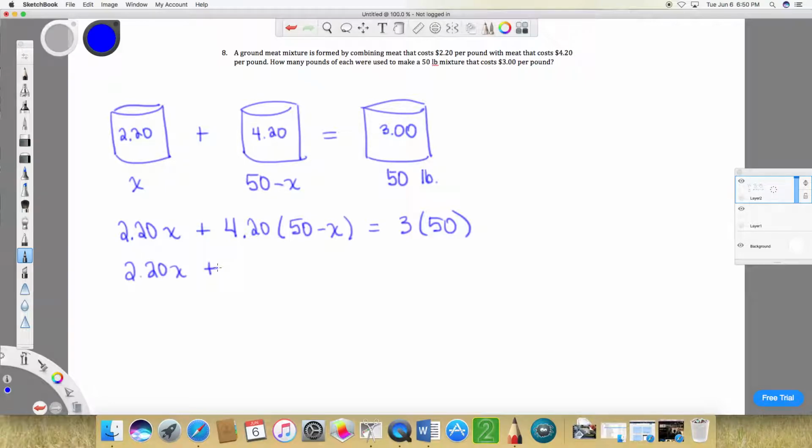So I'm getting 220x minus 420x is equal to 150. So on this side, if I combine these two like terms, I get -2x.